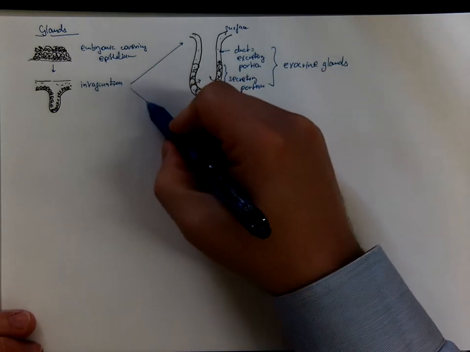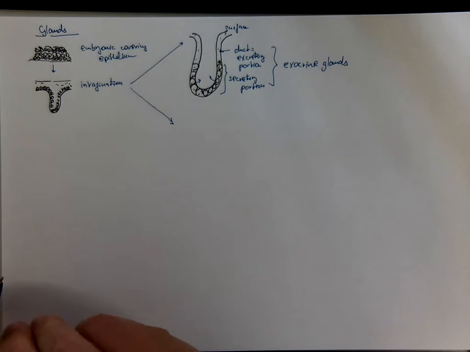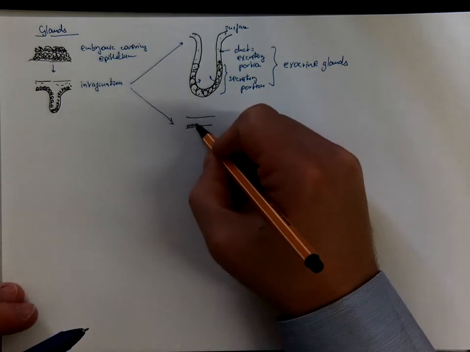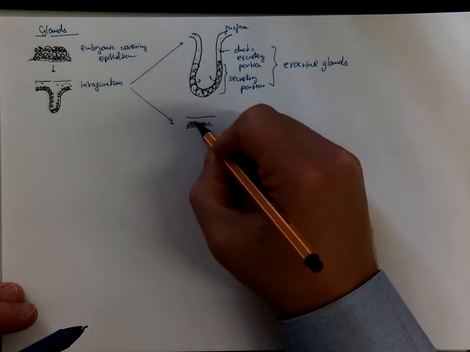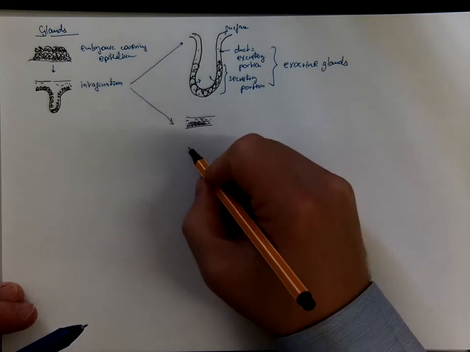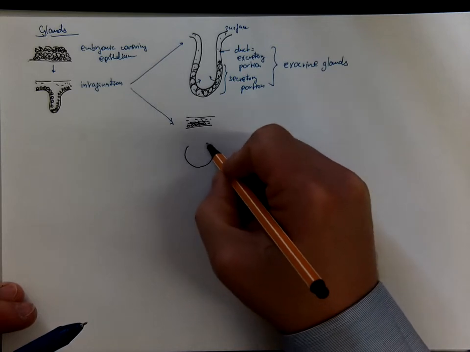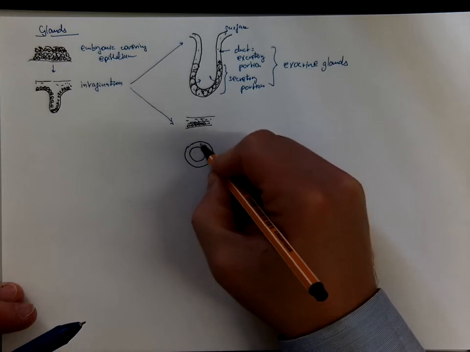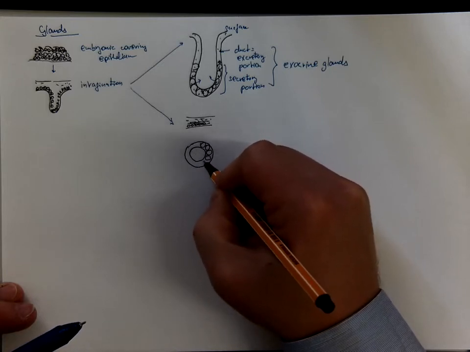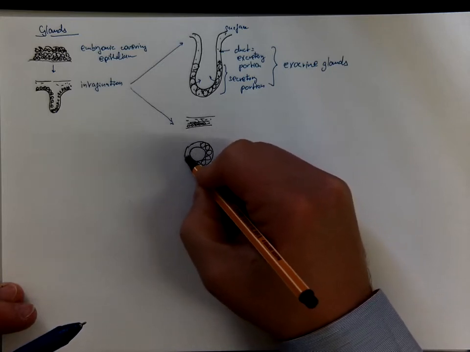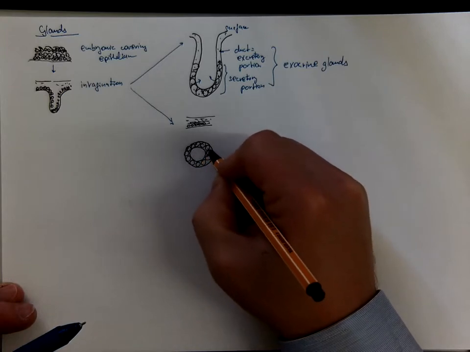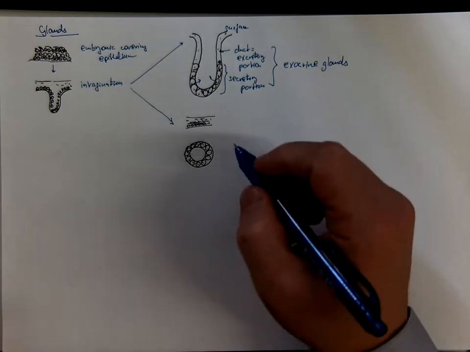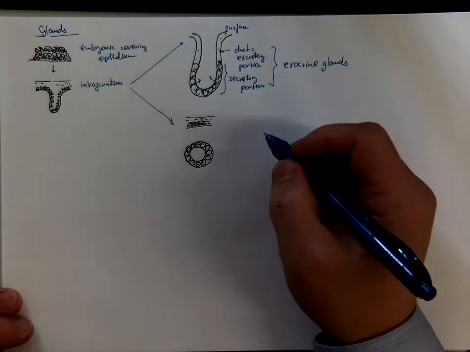Alternatively, the connection to the mother epithelium might be lost, and the invaginating part becomes independent. And this is the mechanism by which glands without ducts develop. Glands with no ducts, or ductless glands, are called endocrine glands.